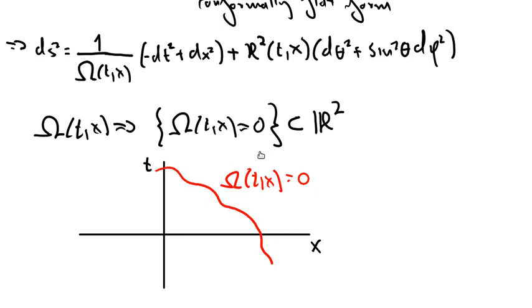Okay, but we also have an additional singularity at those points in which capital R is equal to 0. So we also have to consider points such that R is equal to 0.